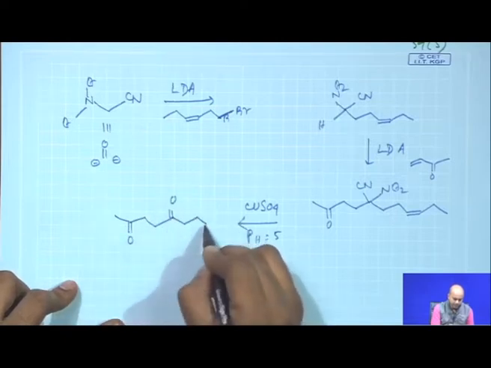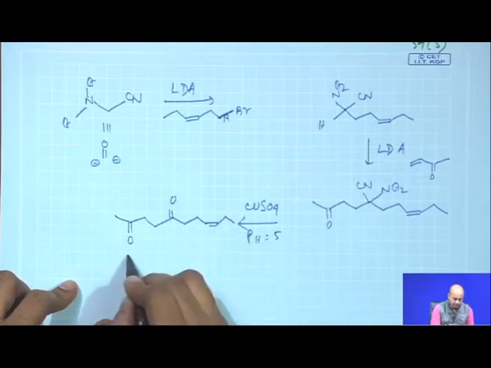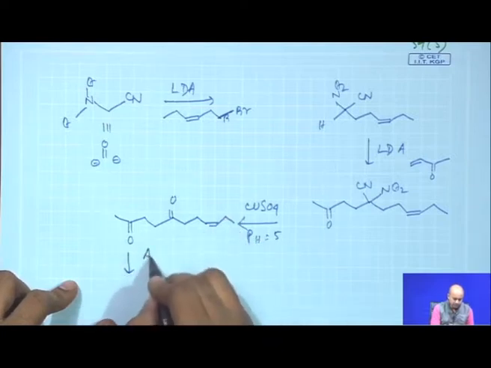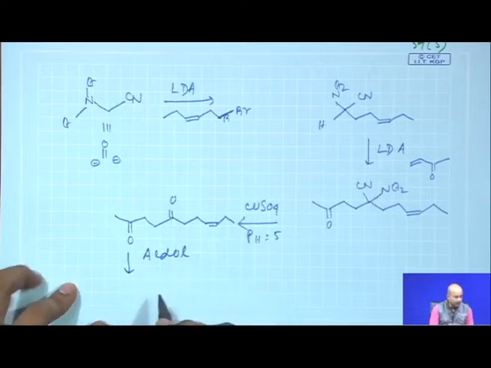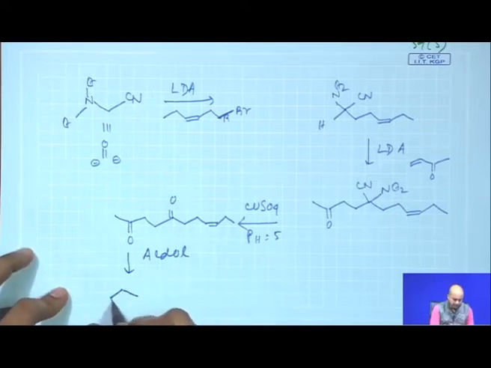You will get this compound, which is our desired compound. You do the aldol and you can end up with the target molecule, cis-jasmone.